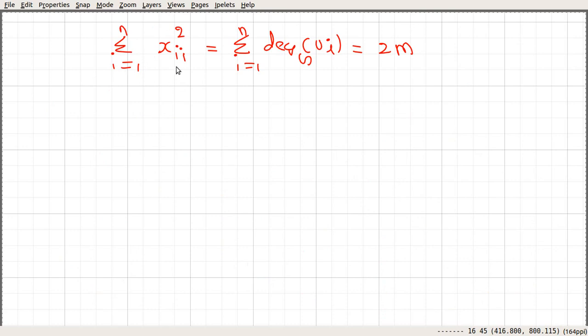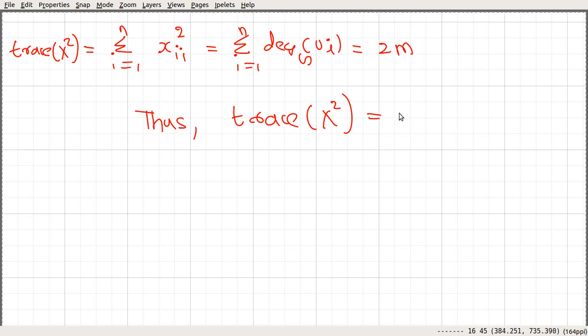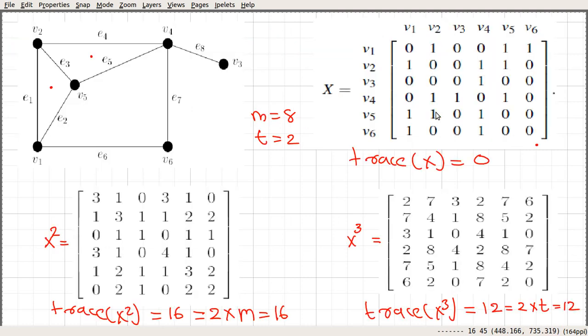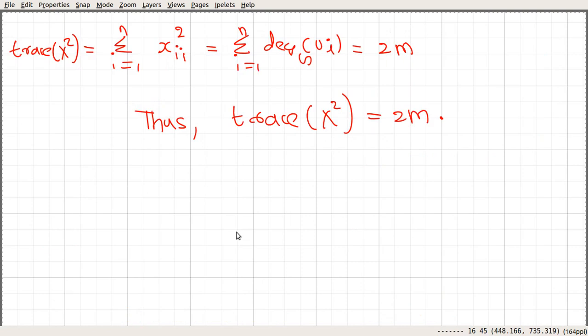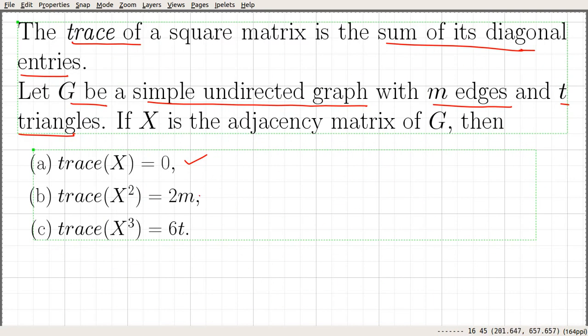And this summation is nothing but the trace of x squared, and thus we can very easily see that the trace of the square of the adjacency matrix is nothing but 2 times the number of edges in the graph. And that we saw from this example also. So we have this result, and let's go and prove the next result.